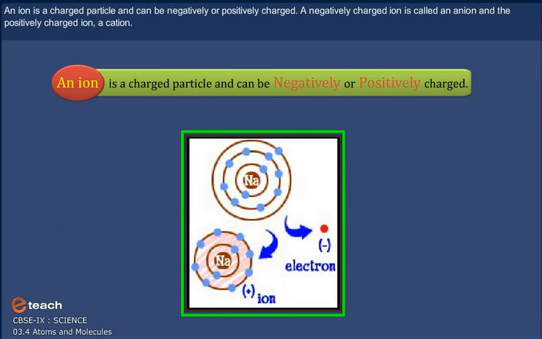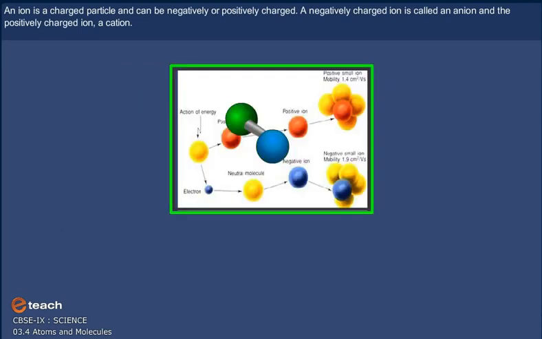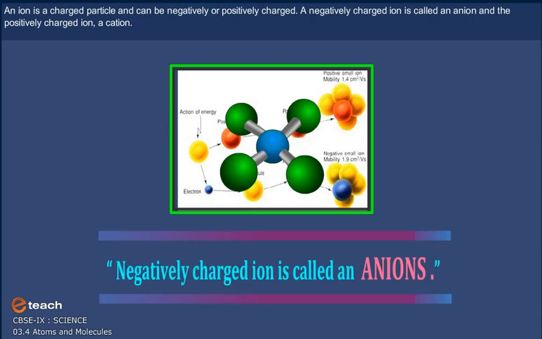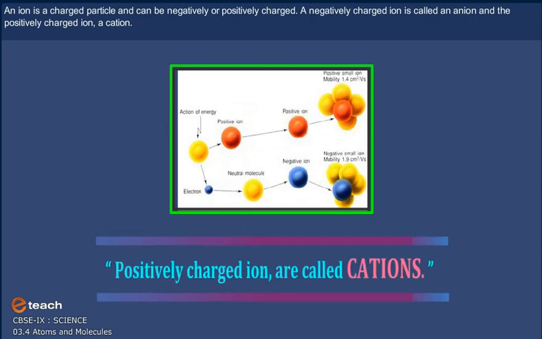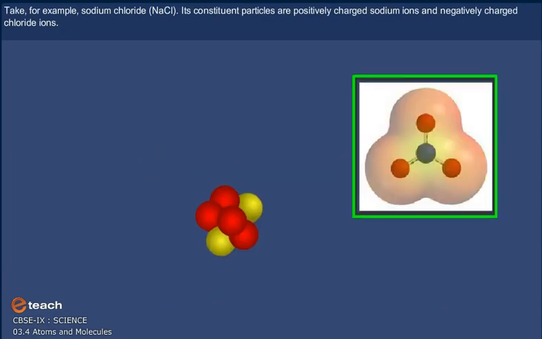An ion is a charged particle and can be negatively or positively charged. A negatively charged ion is called an anion, and a positively charged ion is a cation. Take for example sodium chloride, that is NaCl.